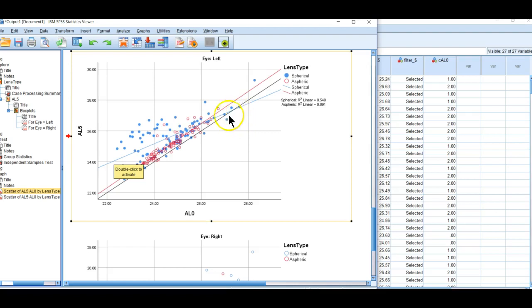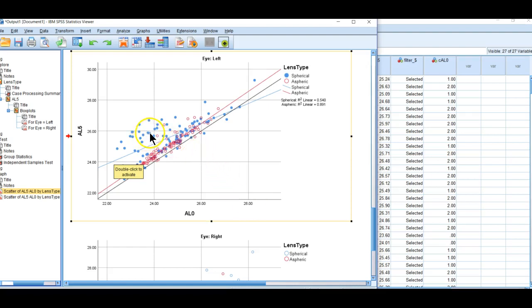And the way we're going to do that is when we run our analysis of covariance, we're going to add an interaction term. An interaction term asks the question, are these lines parallel? Does the difference between lens type depend on where you are in the baseline axial length?